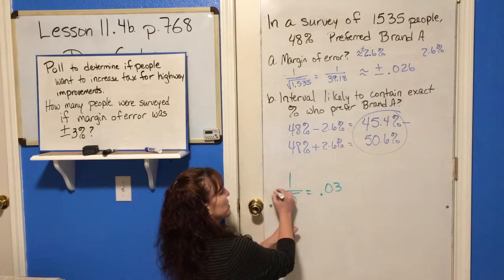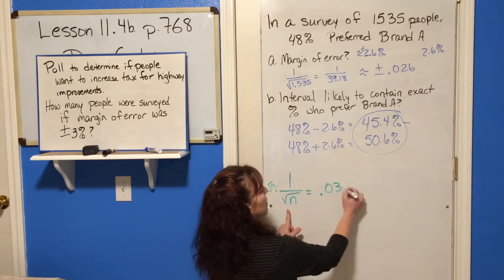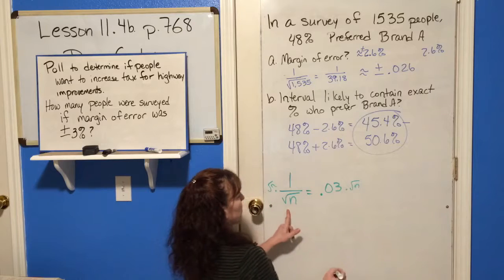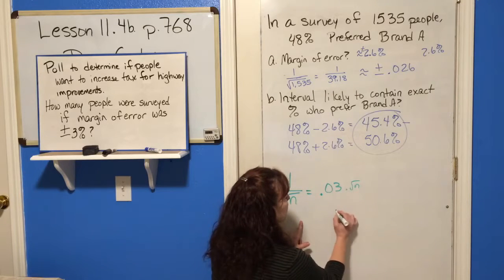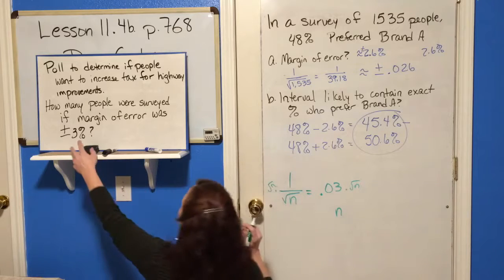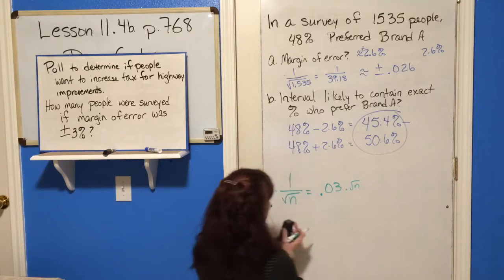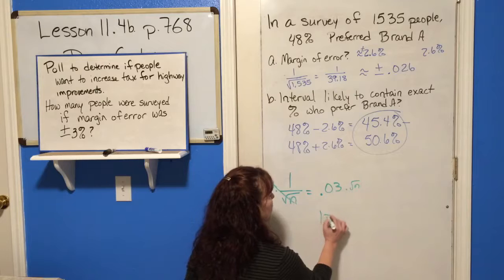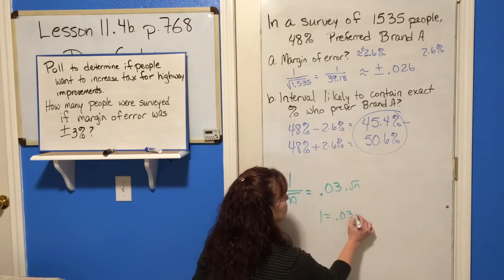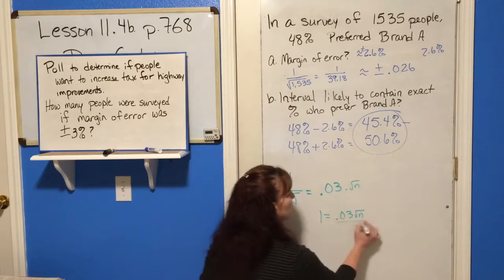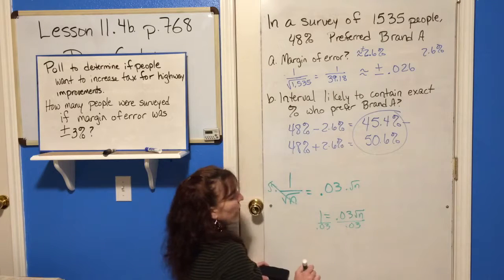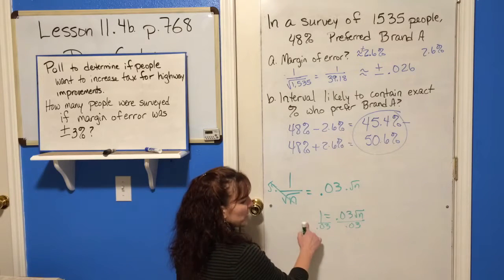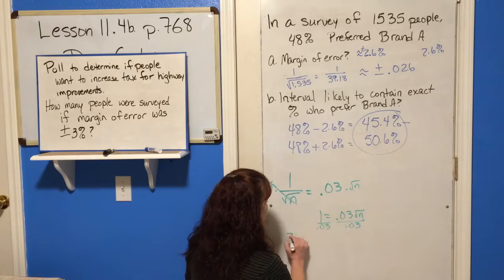You're going to multiply both sides by the square root of n. That leaves 1 equals 0.03 times the square root of n. So you're going to divide by 0.03. 1 divided by 0.03 is 33.3.